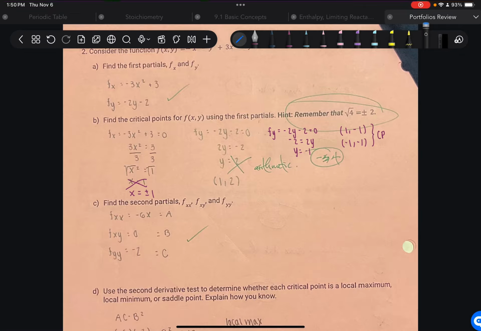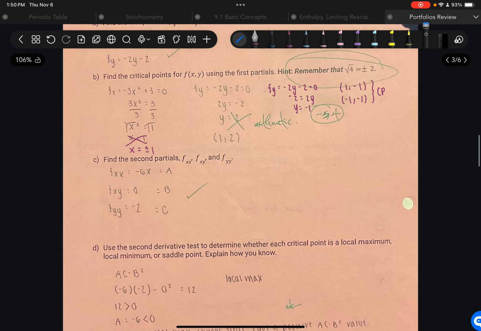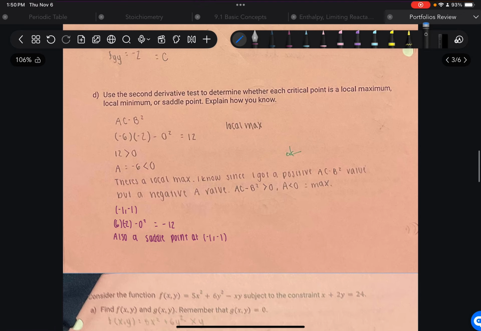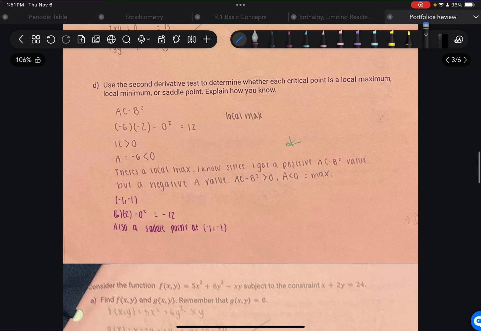And then for f of y, I made an error dividing it. So to properly solve this, I went back and refound f of y and my 2 critical points. And then in part D, I found out there was a saddle point at -1, -1.